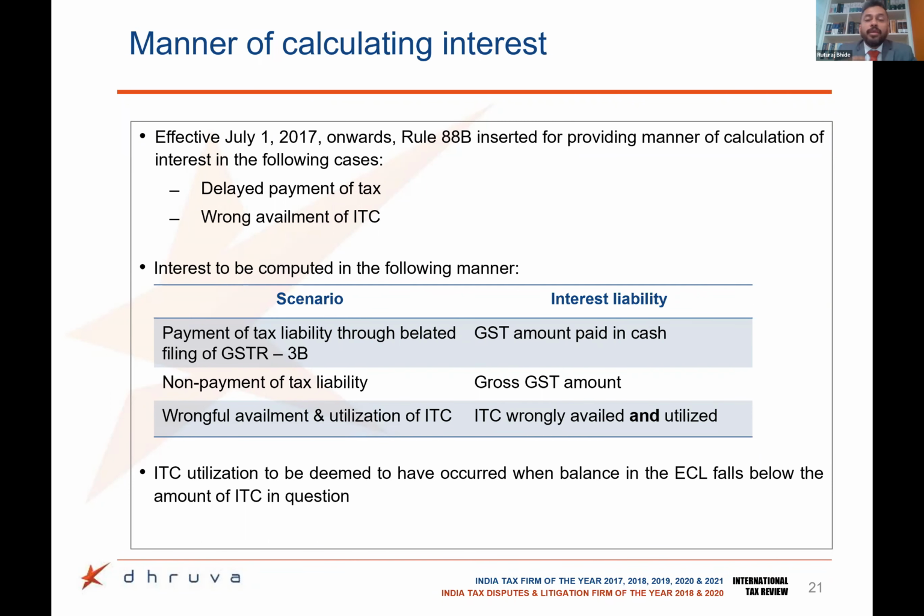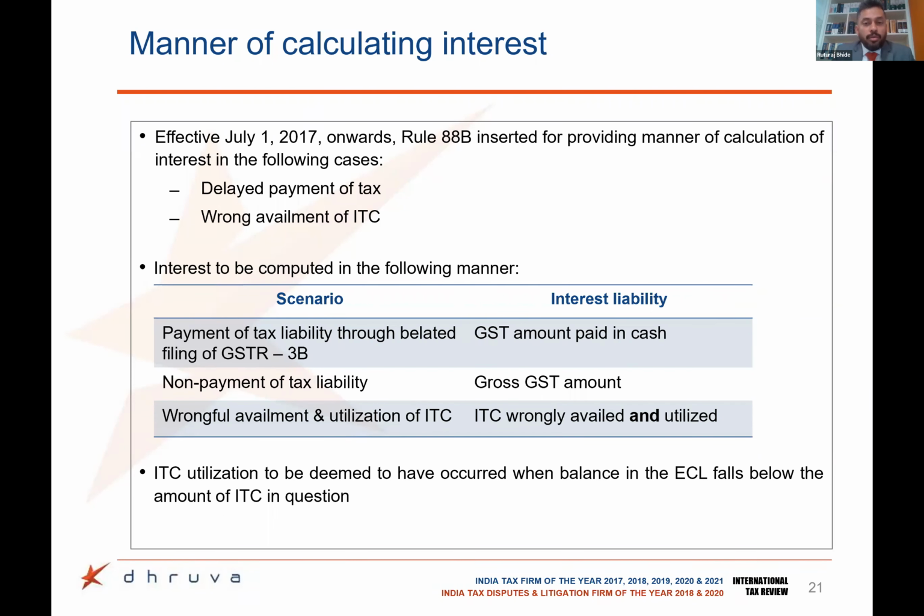So if I have input tax credit, and I'm not paying differential tax or delayed tax in cash, then I don't have to pay any interest liability. There were amendments to that effect. The application of this has now been clarified. So we have a new rule 88B, which has been inserted, which explains the manner in which interest needs to be computed.